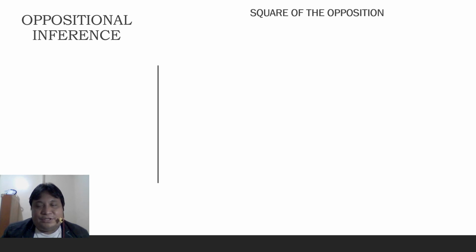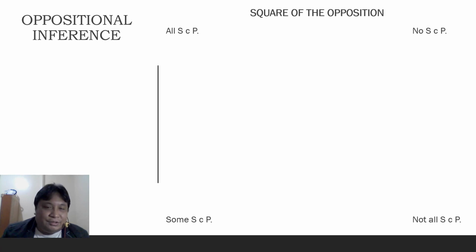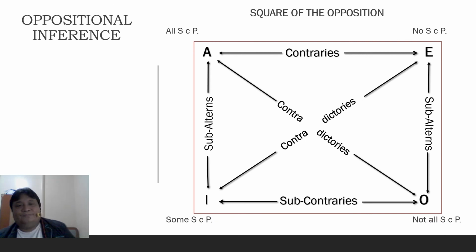In the square of the opposition, what is above are all universal propositions, A and E: all S copula P and no S copula P. Below are the particular propositions, I and O: some S copula P and not all S copula P. Okay, so don't forget about this one.